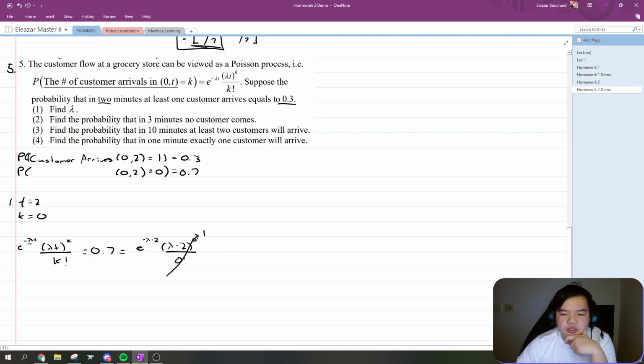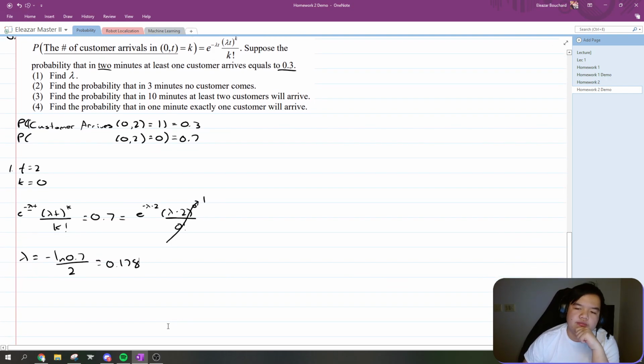So we're left with 0.7 equals exponential of negative 2 lambda. And solving for lambda, it arrives us at 0.178.